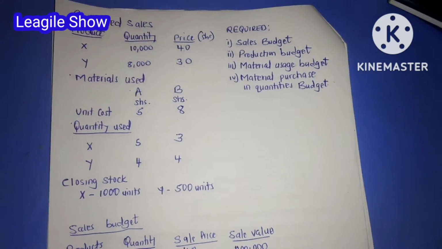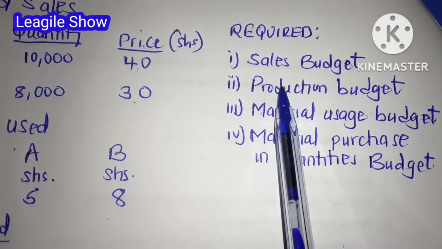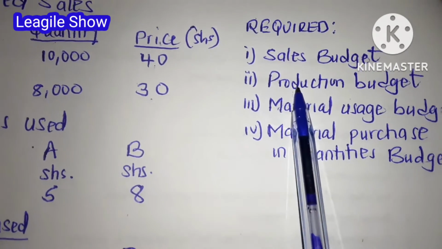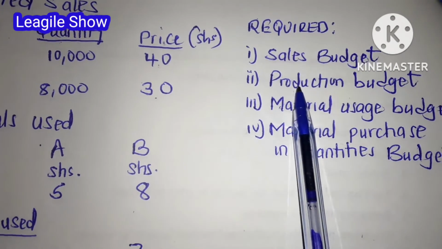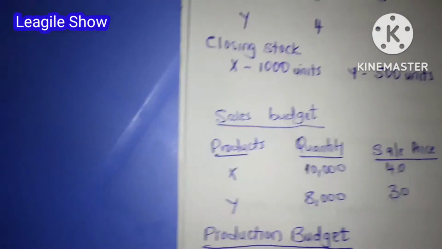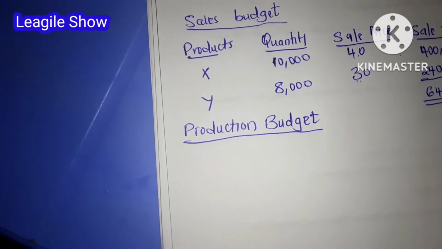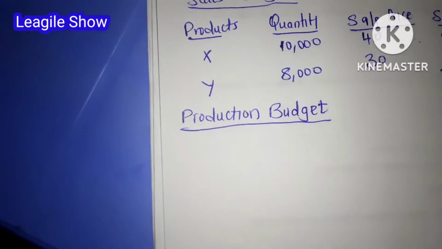So while calculating the production budget given here, you will have to take note of two things. Remember, production budget will apply the use of opening stock and even the closing stock.